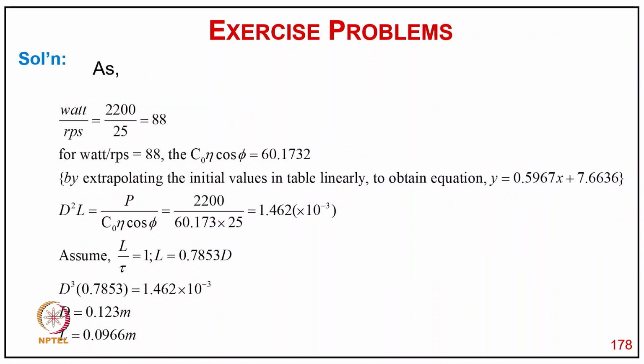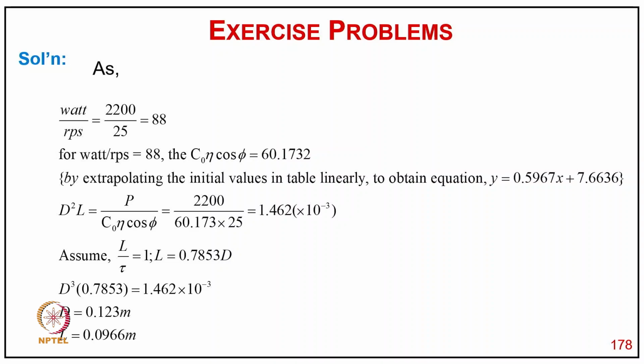Coming to the solution, watt per rps is 2200 by 25, that is 88 watt. The C0 eta cos phi is obtained by plotting the initial values and linearizing to obtain y equals 0.596x plus 7.6636. So D square L is P0 by C0 eta cos phi, which comes to 1.46 into 10 to the power minus 3.